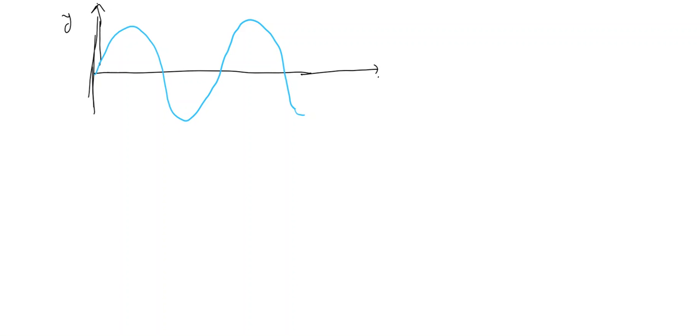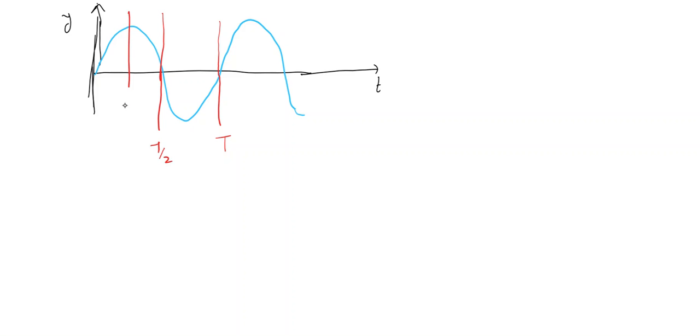Now here, if you are taking time, then you can always express time in terms of time period. So this is the time when one wave gets over, that is T. This is the time when half wave is completed, so it is T by 2.